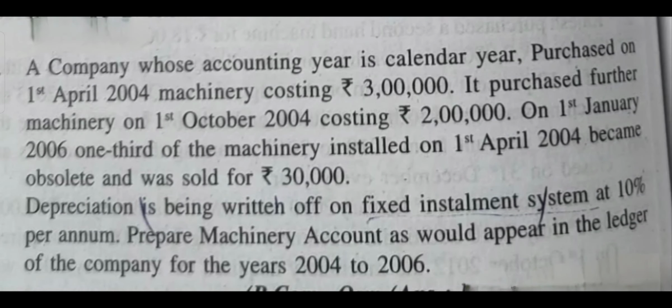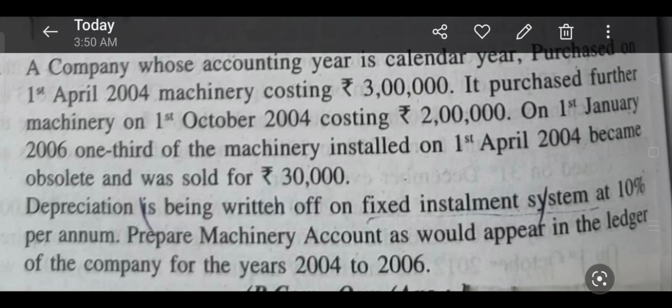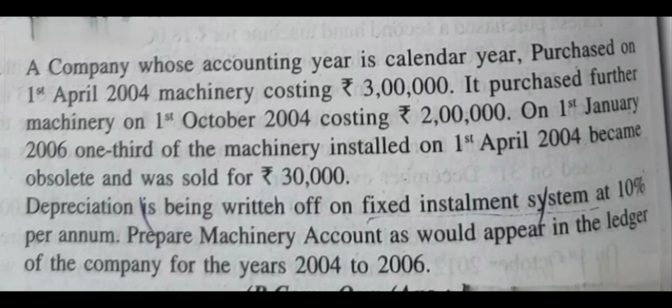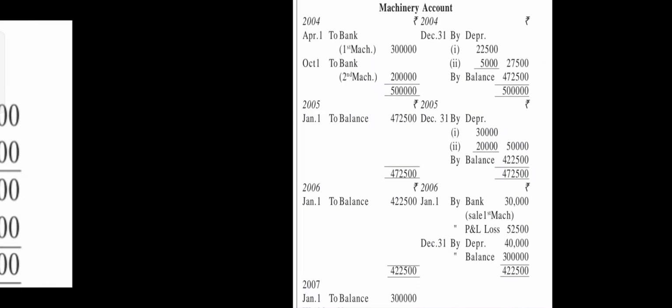Here in the question, when we see on the third line, on 1st of January 2006, one third of the machinery installed on 1st of April 2004 became obsolete and was sold for rupees 30,000. So here we are not selling the whole machinery, we are selling only one third of the machinery installed on 1st of April 2004 that became obsolete, and we are selling it for 30,000 rupees.